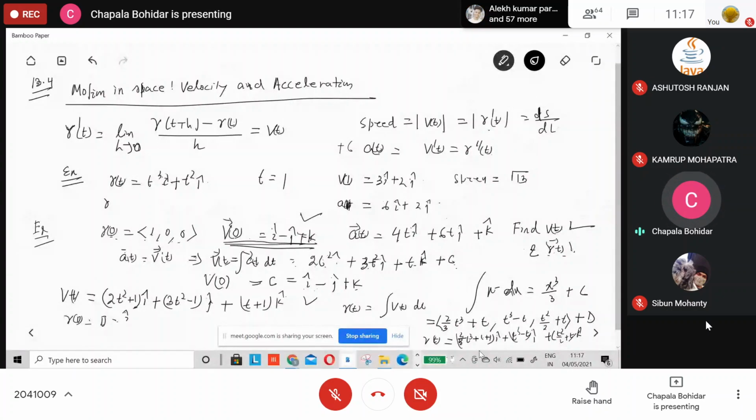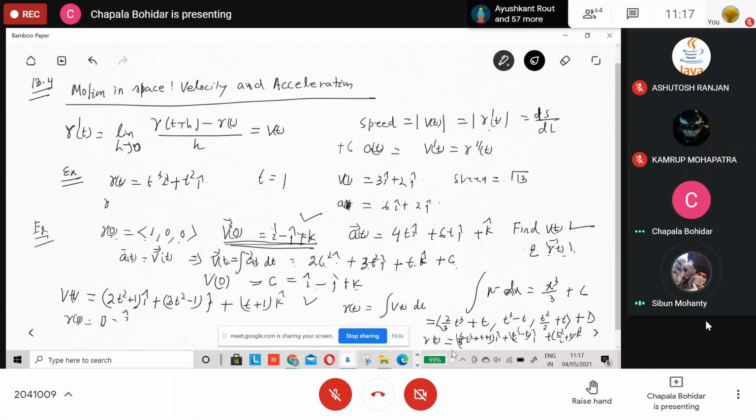So this example is over. Now come to the last part. The R of t components are here: 2 by 3 t cube plus t plus 1, then t cube minus t, and t square by 2 plus t. Can I explain this part again?